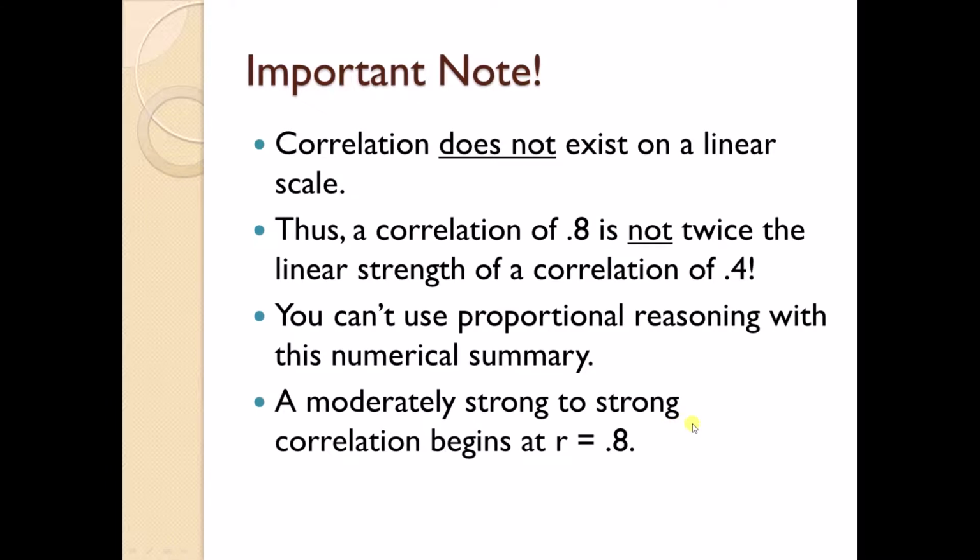A moderately strong to strong correlation begins at an R of 0.8. You would think it would be less than that. But once we look a little further in a few days, you'll understand why this is only moderately strong to strong, okay? And in fact, this may be weaker than you might think.